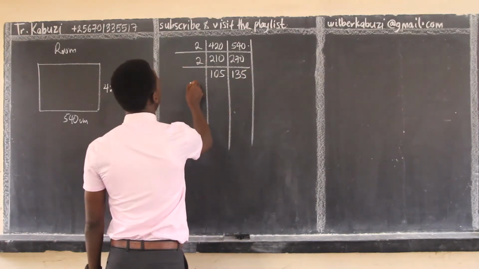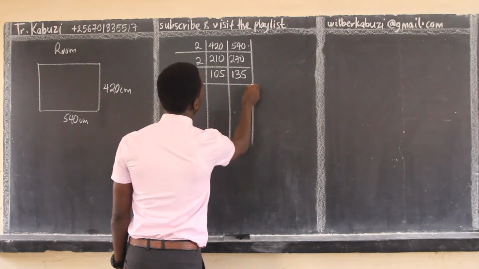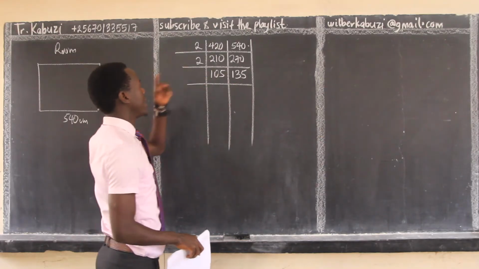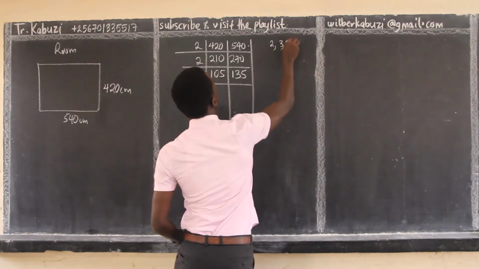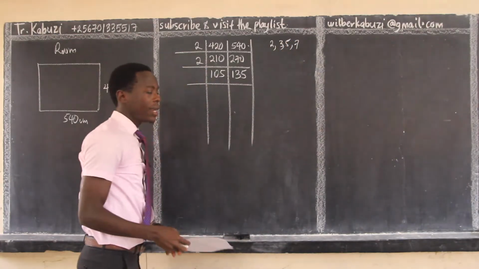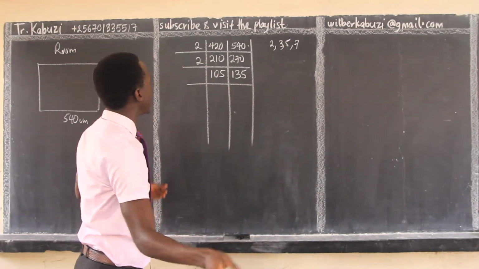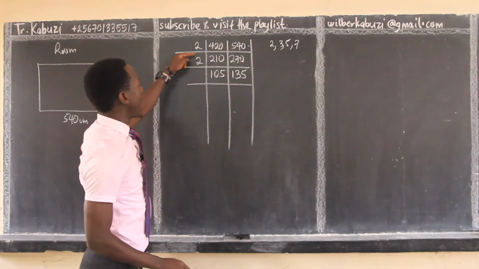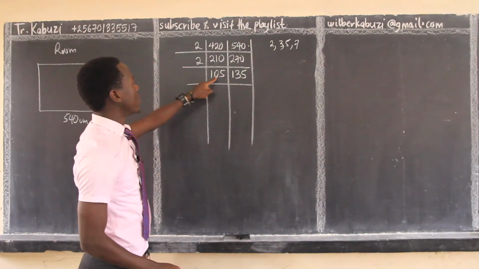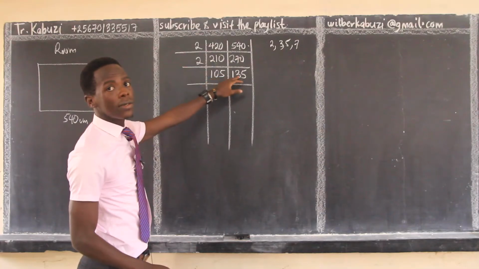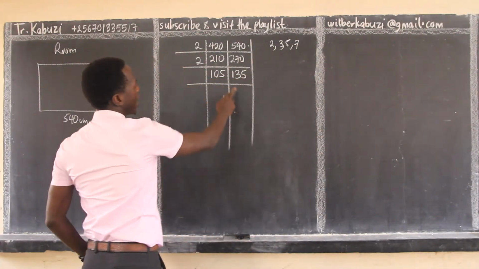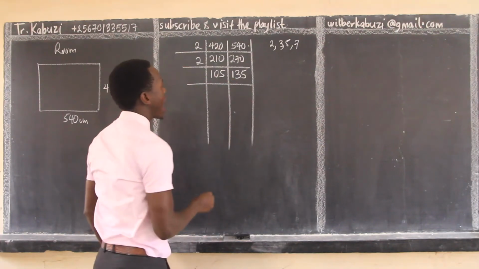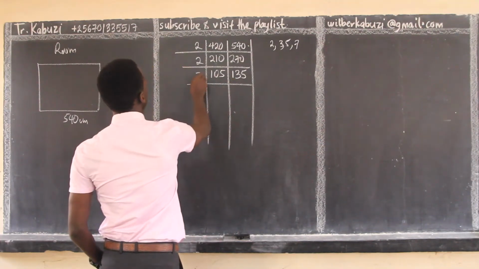Then 2 can't divide the next, because we base on prime numbers to get the LCM and HCF. 2 divides here but not here, so we move to the next prime number, which is 3. 3 can divide both.